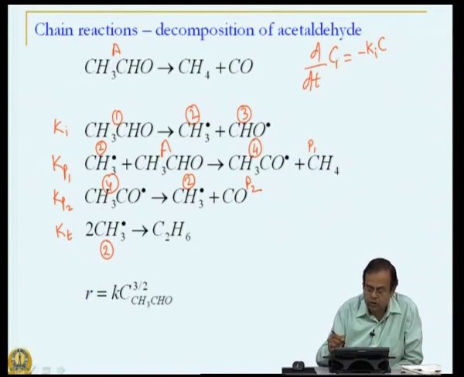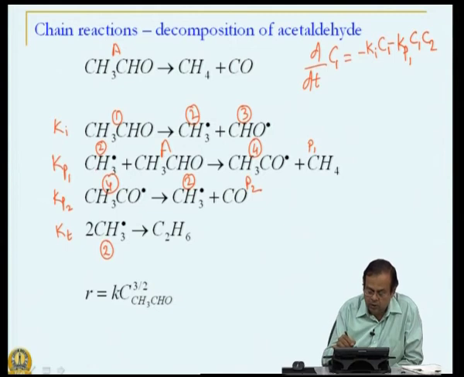So, dC1/dt is minus Ki into C1 minus Kp1 from the second reaction into C1 into C2.